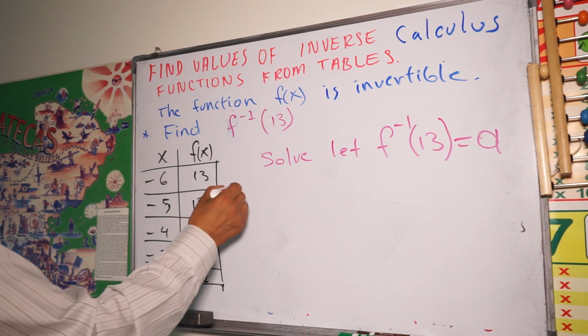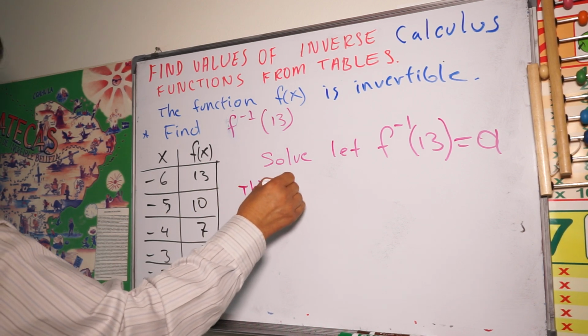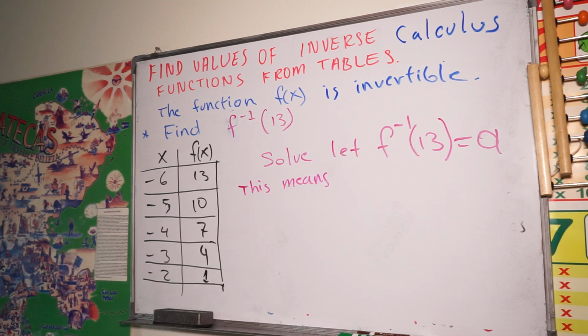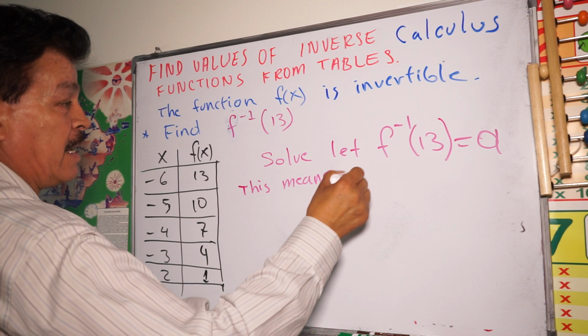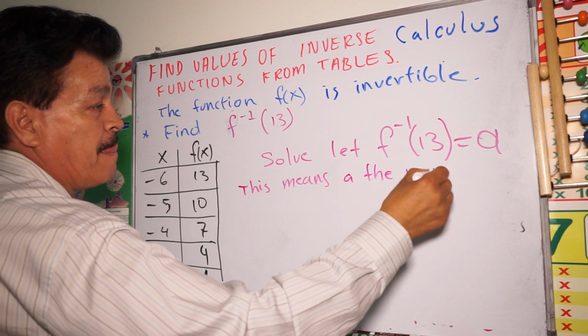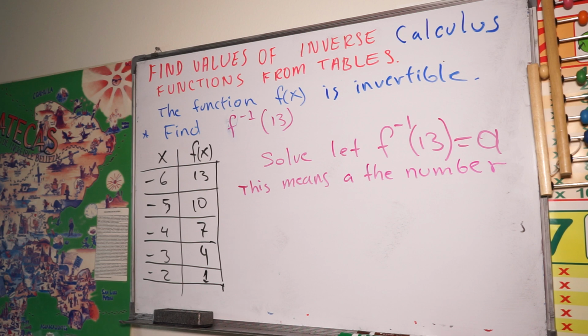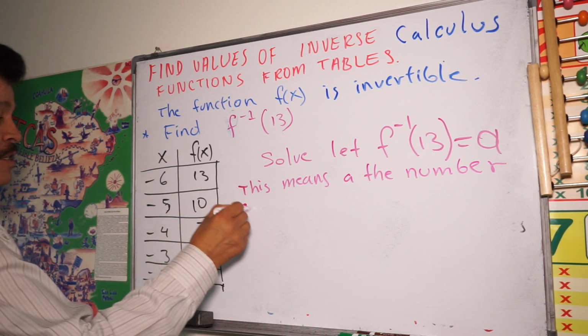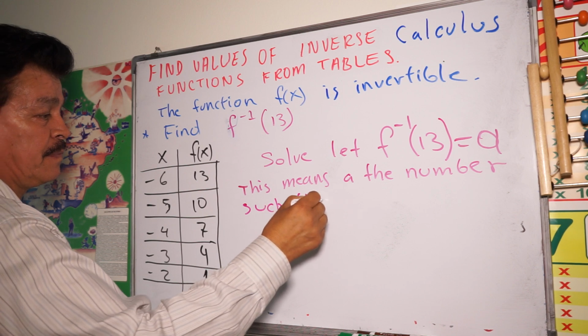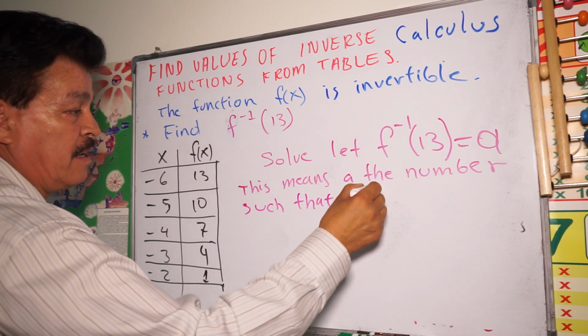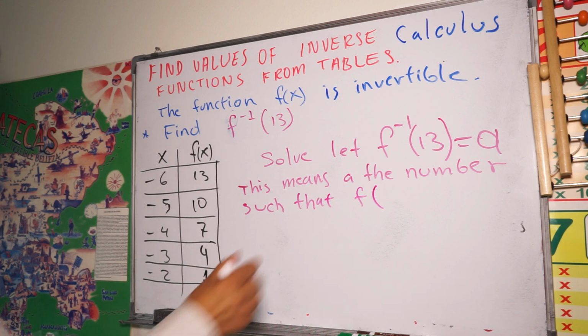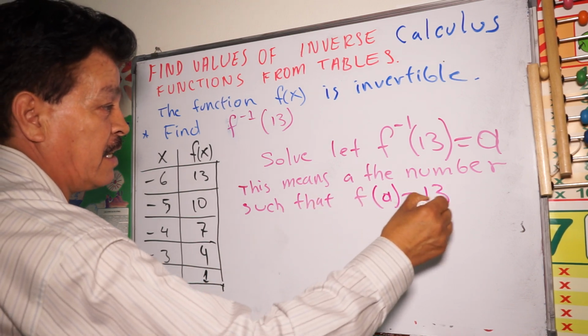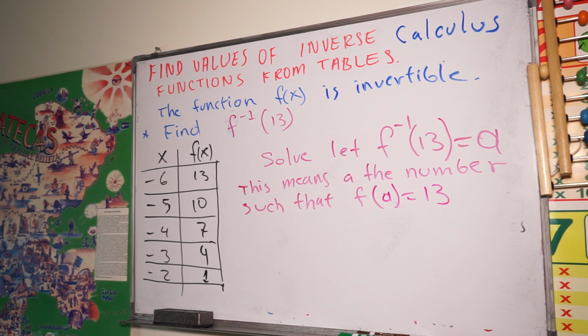So this means a is the number such that f(a) is equal to 13, right? So now, to conclude, or the conclusion.